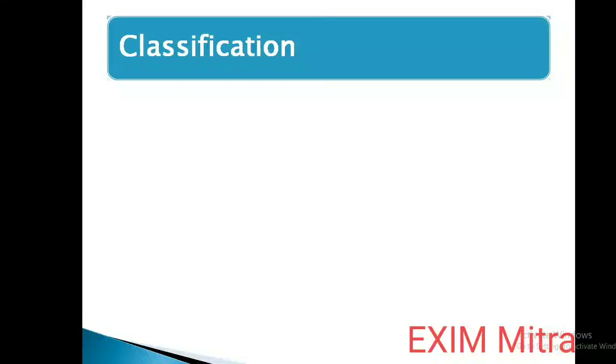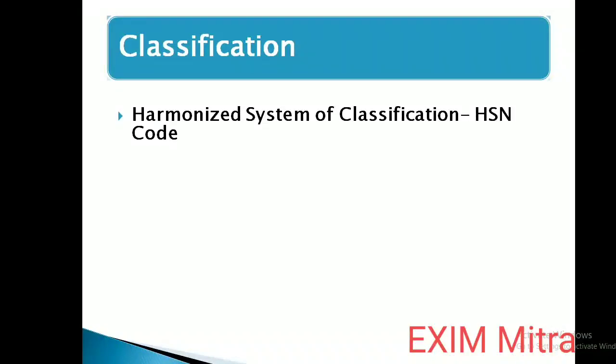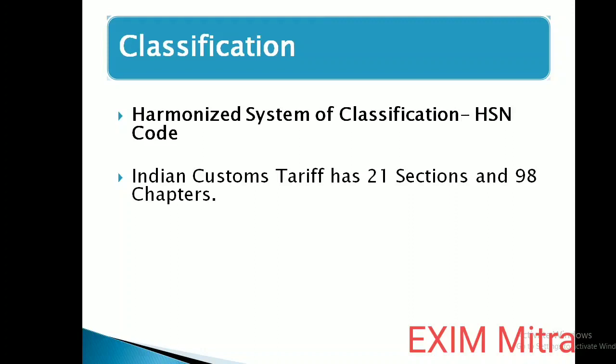Guys, the import duty on all goods is not charged uniformly. The goods are grouped in similar categories like metals, textile, machinery, etc. In India, the goods have been categorized into 21 sections and 98 chapters. Total there are 98 chapters in which the various goods have been classified. For a uniform interpretation of the classification across the globe, the World Customs Organization, WCO, has developed a system that is called Harmonized System Code.